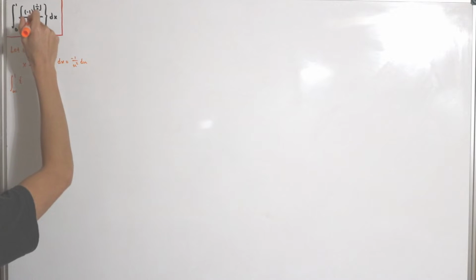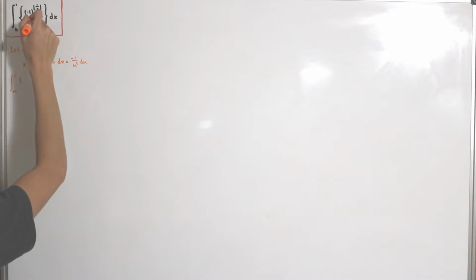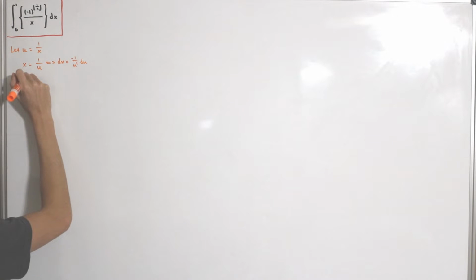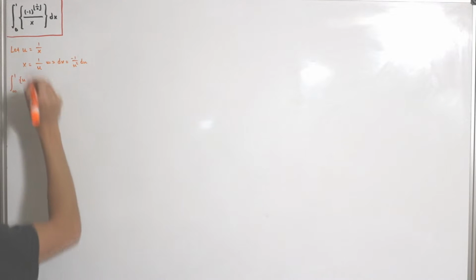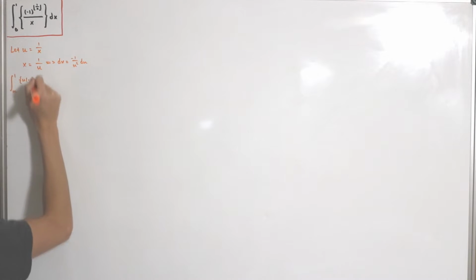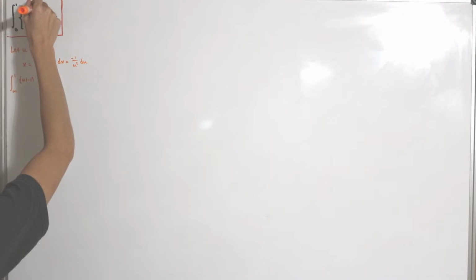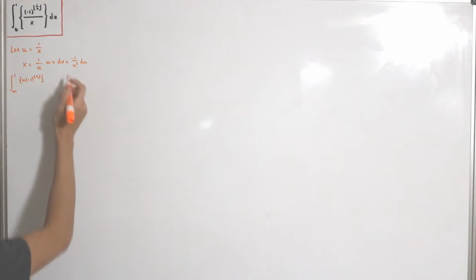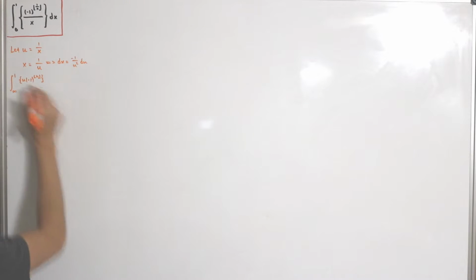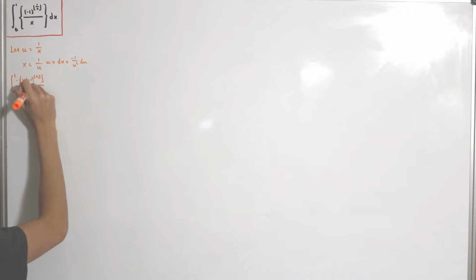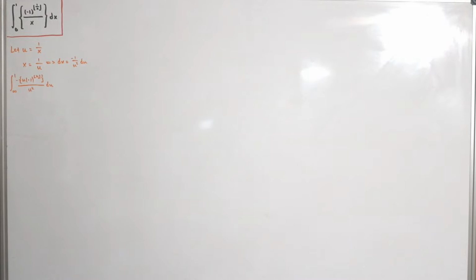If I plug in x as 1 over u, this is division with 1 over u, so I flip the reciprocal, which means u will be in the numerator. Then we're left with -1 to the power of the floor of 1 over x, which is u, so this will be the floor of u. Then we substitute our dx differential, so there'll be a negative, divided by u squared du. Okay, good.